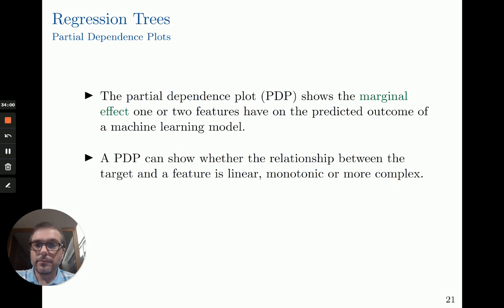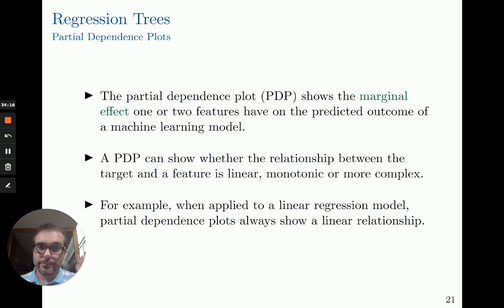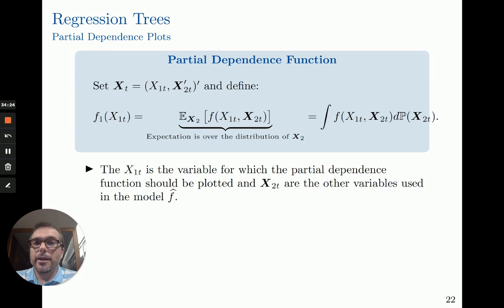Okay? So we can use that to show, conditional on the others being fixed, if the relation between the output and one or two input variables is linear, monotonic, or more complex. Okay? And for instance, if the model is linear, the PDP will always be linear. Okay?